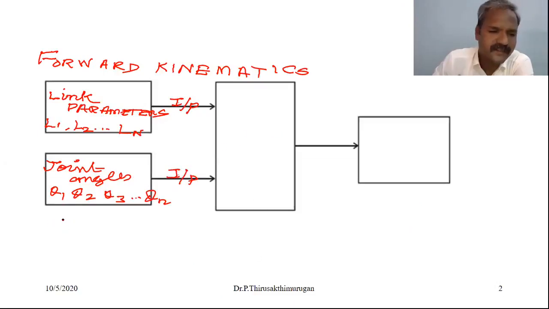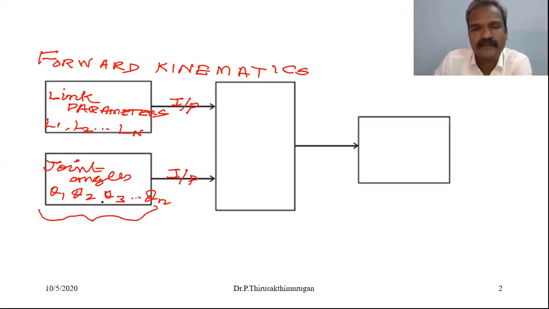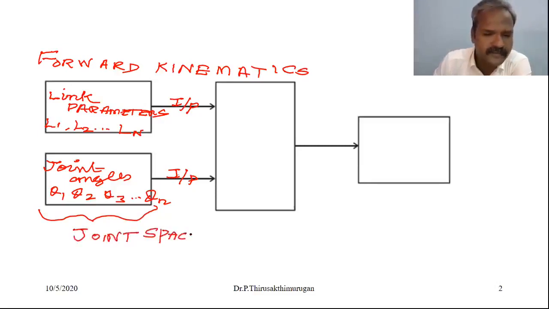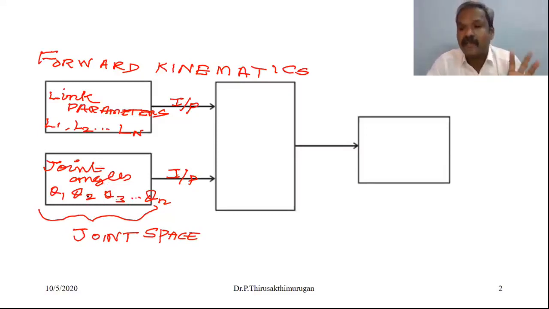These joint angles are called joint parameters, and together they form the joint space. With the link parameters constant, when the joint angles are given, suppose you write a program, we have to specify the joint angles.